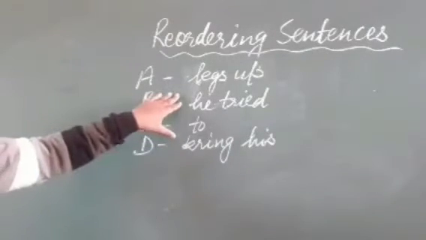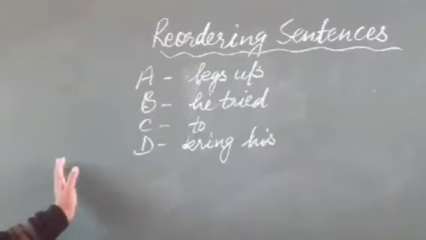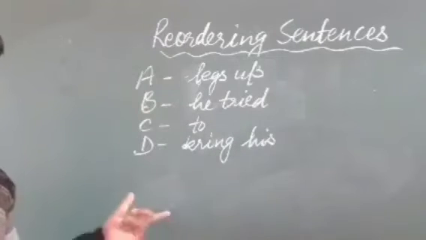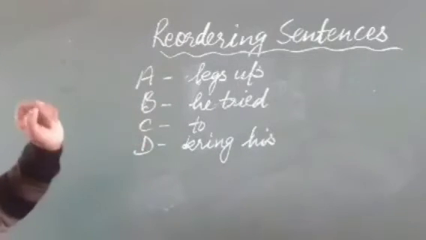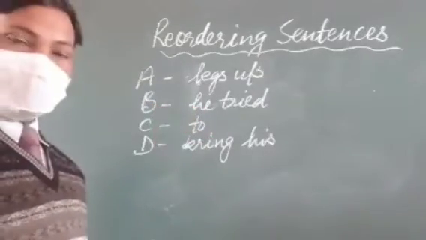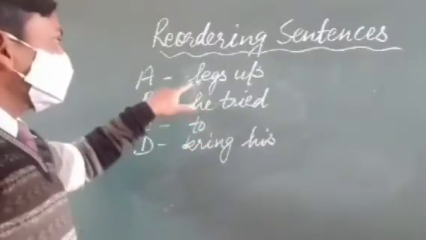We have four options. What we have to do? We have to make a proper sentence out of these four options. How? He tried to bring his legs up.